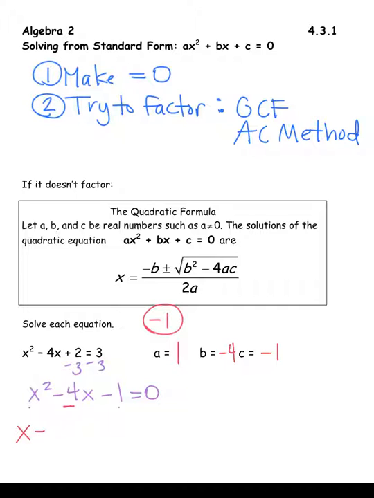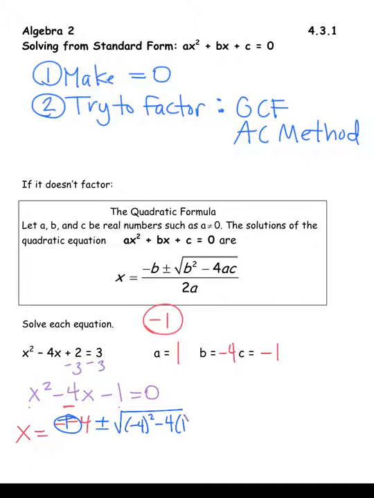x equals negative B. Well, B is negative 4, so that'll be negative negative 4, which of course turns into positive 4, plus or minus the square root of B squared, so negative 4 squared. Feel free to do that in your head and write 16 down.